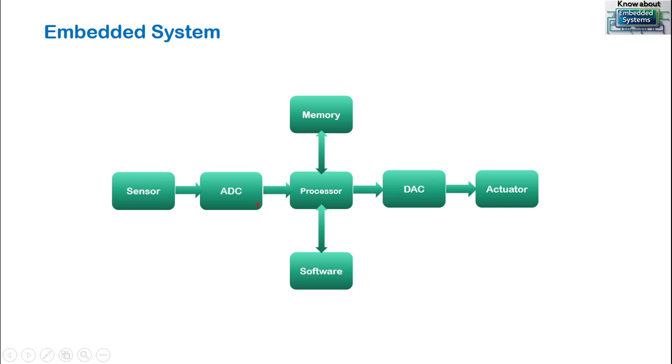If we don't use ADC, it is not at all possible to give any analog data to the processor directly, because a processor or a memory will not understand any analog data. That is what I told. It is not possible to design any embedded system without ADC. So ADC plays a very important role in our embedded system to convert analog information to digital.